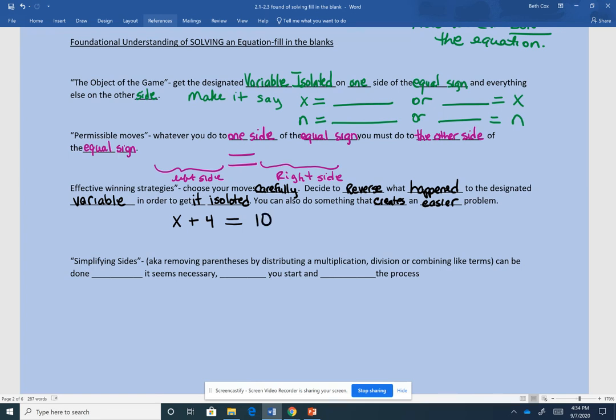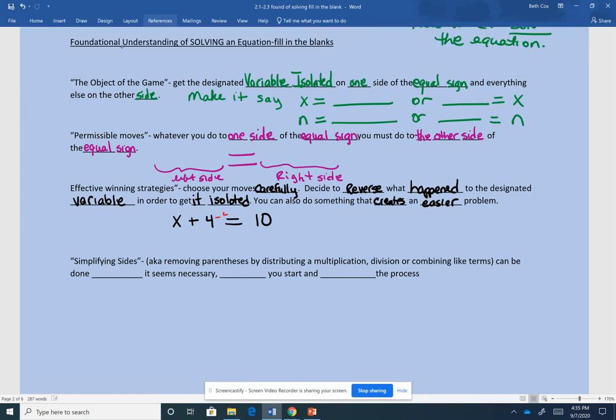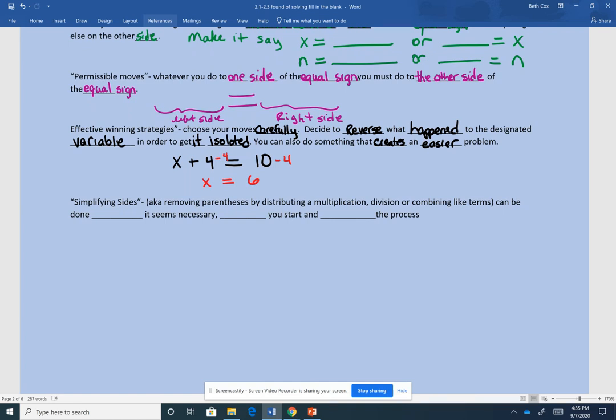You should know that x is 6. But if I reverse what happened to my variable, which had 4 added to it, I'm going to take away 4. If I take away 4 from both sides, then I get x is 6, and I have isolated my variable. I have solved the equation. Okay, we'll do more of this in a little while.